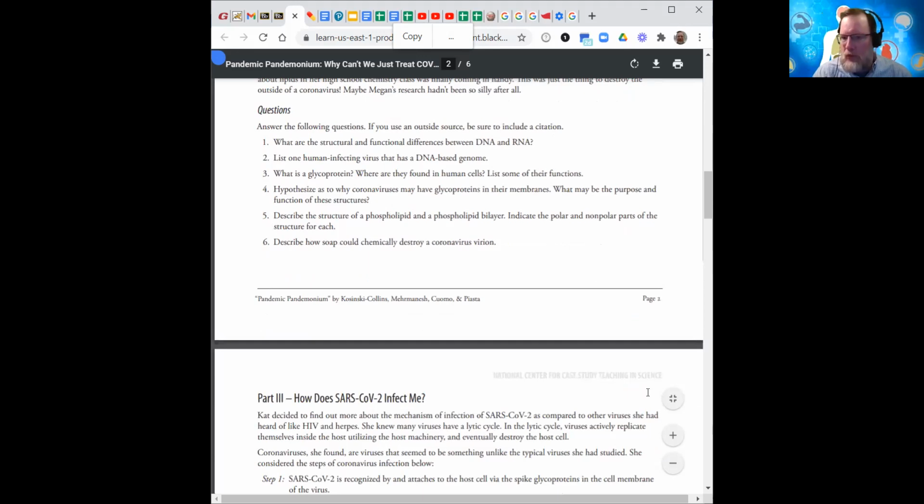So we find it in the nucleus. It naturally exists as a double helix, and those double helix strands are going to be connected or linked by hydrogen bonds. Now, with RNA, we know that those are single strands, and they are generally secondary structures to DNA.